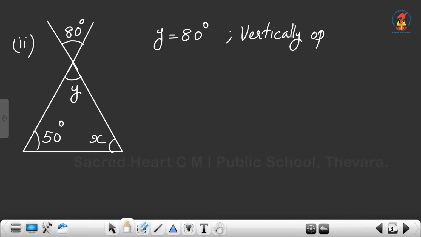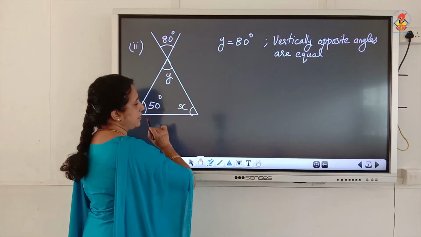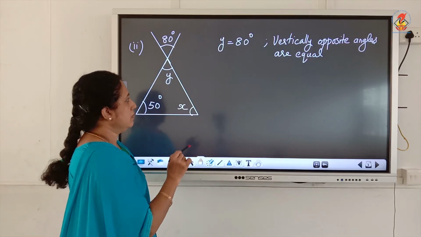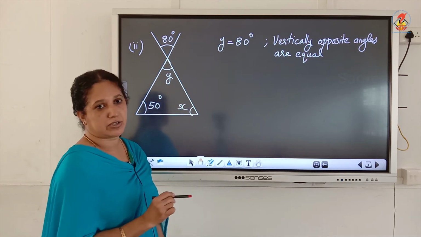Vertically opposite angles are equal. Now we got the value of y equal to 80 degree. Now we have to find out the value of x. This y, x and 50 degree are the three interior angles of the triangle.